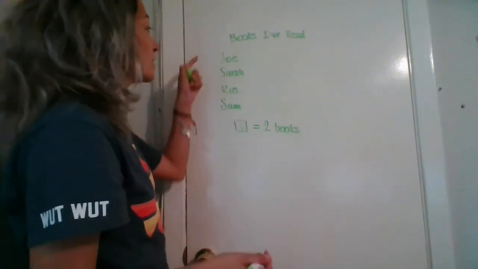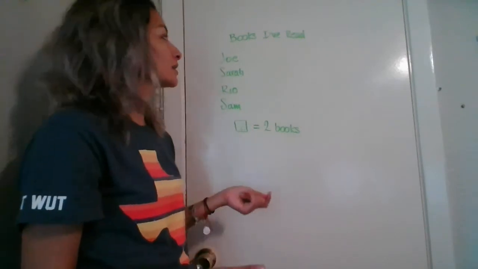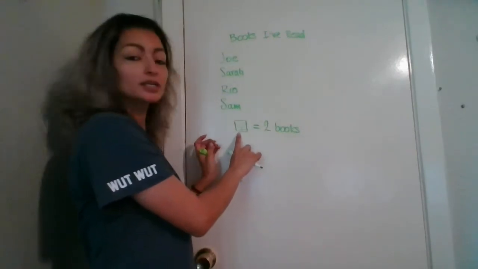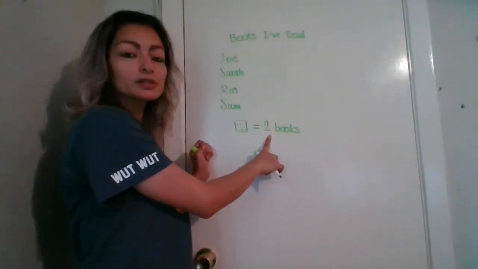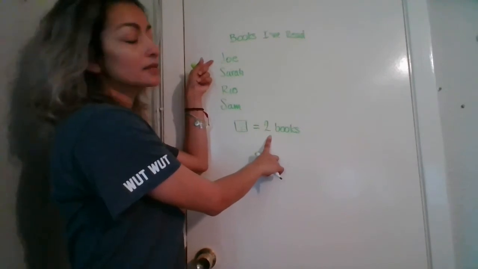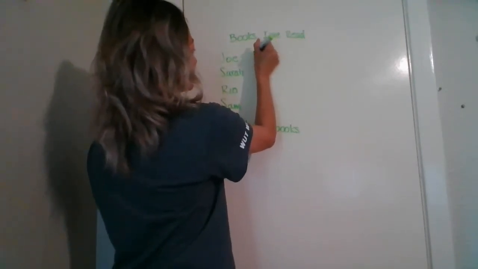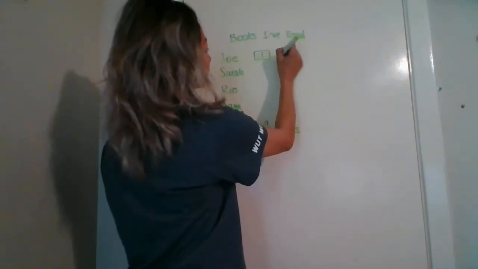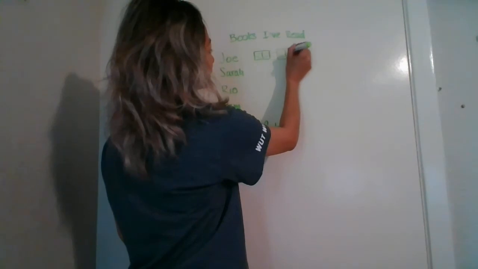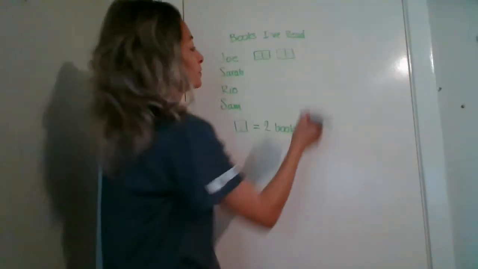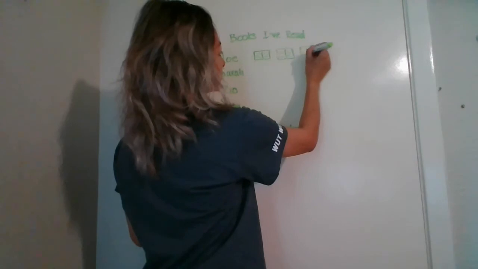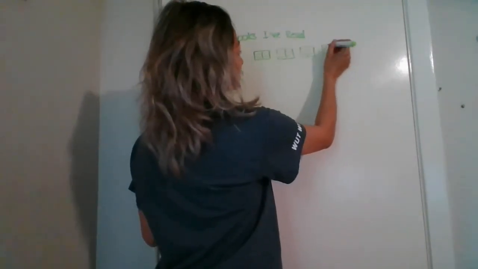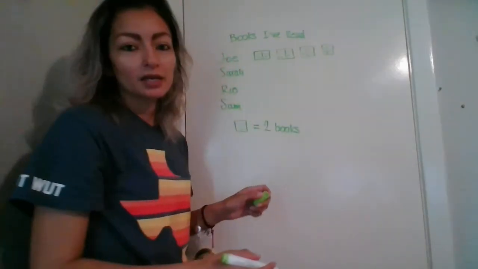Okay, now what about if they tell me Joe read 8 books? Well, I know that each one of these symbols represents 2 books, and since Joe read 8, well, let's see. I have 2 books, 4 books, 6 books, and 8 books.